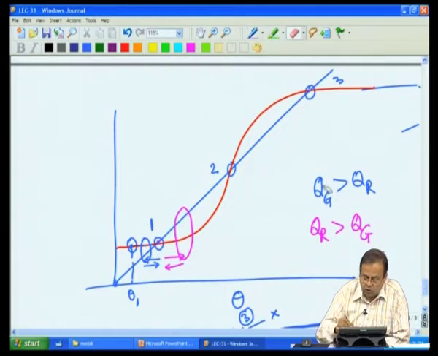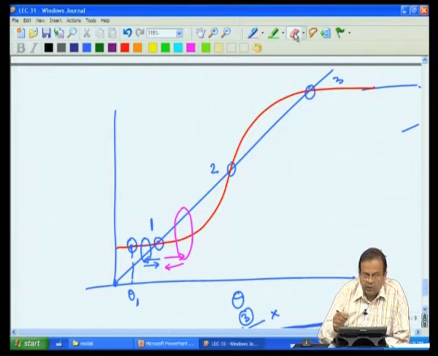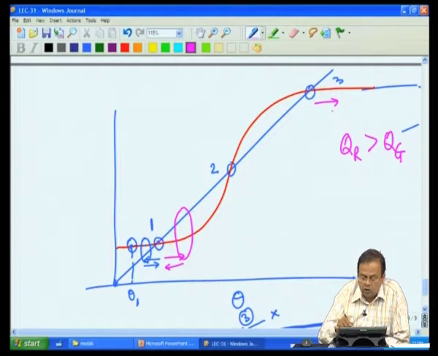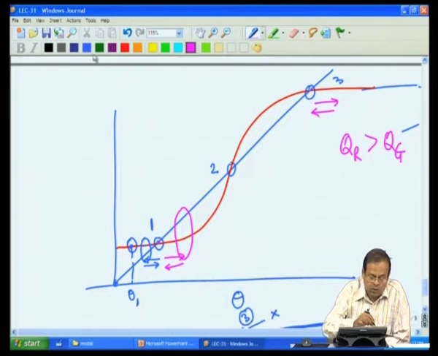Okay. So, let us come to steady state 3 and let us say that we make a perturbation once again in this particular direction. What is happening there? Once again QR is greater than QG. So, we will come back to this steady state.